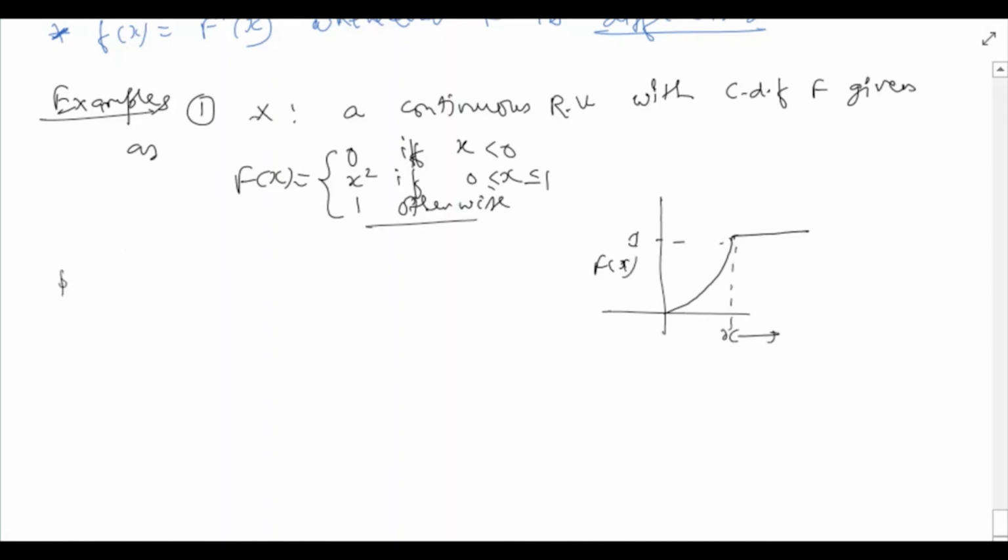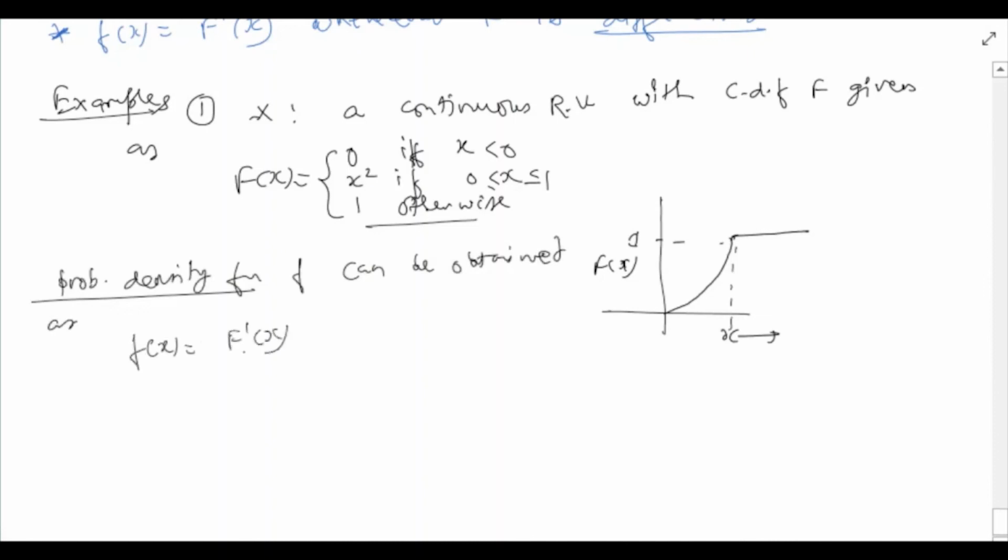In this case, the probability density function small f can be obtained as f(x) equals F prime x at all the points x at which F is differentiable. So this is equal to 2x for all x between 0 and 1, and f(x) is 0 outside this window.